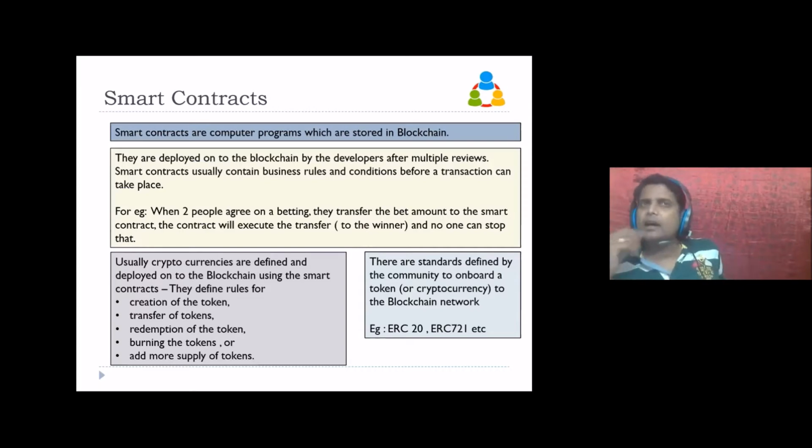Like I said about the logistics use case, it can also define a workflow saying that if the temperature of a vaccine is not less than 18 degrees Celsius at any point in time, the smart contract can initiate a transfer of a penalty by the logistics company which is moving it.